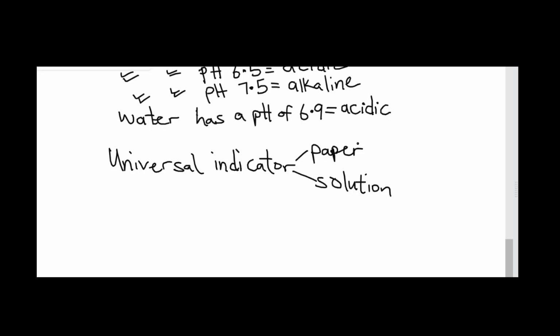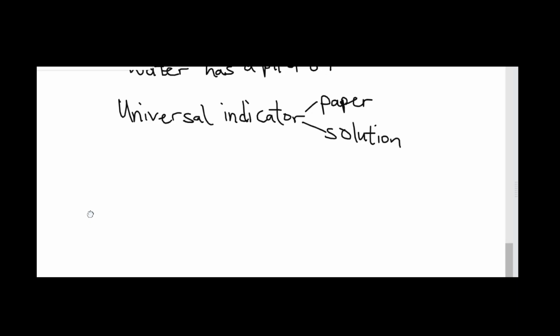Okay, so what these universal indicators contain is a dye, okay, that would change in color depending on the type of pH solution they are in. Okay, so that means then because it is universal, you have a range of colors. Okay, so the common colors that we tend to find on the universal indicator ranging from 0 to 14.